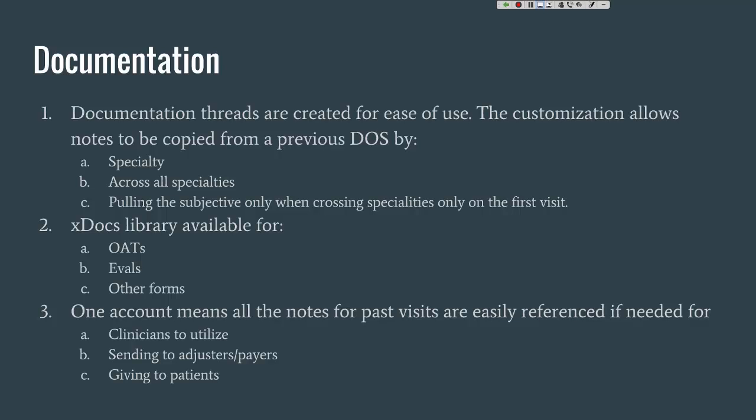Okay, great. So these XDocs are there, and they become part of the health record as well. The evaluation forms are particularly useful for very extensive questionnaires, such as your auto questionnaires, because you have to ask so many specific questions, and they act as a guide to make sure you don't forget critical information that has to be gathered in order for you to get paid by insurance companies when they request that documentation.